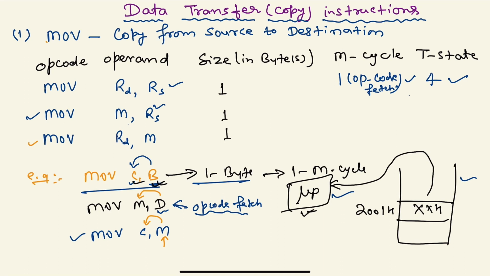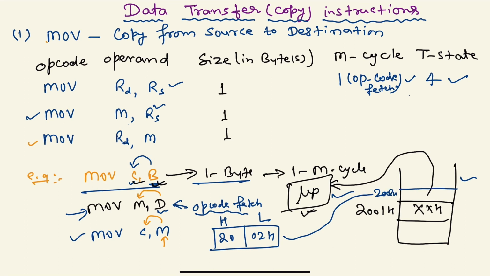For example, let's say before execution of MOV M, D, the HL register pair has some data: H is 20, L is 02H. So HL will point to the memory location 2002H, and at this location the D register content, which is available inside the processor, is going to be stored. That is the function of MOV M, D.